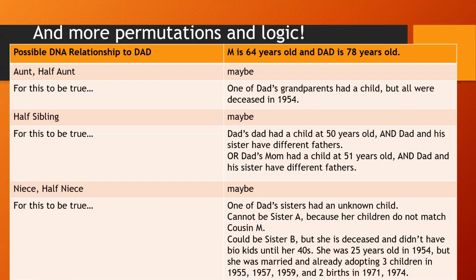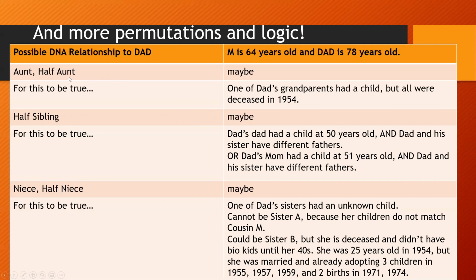So I'm piecing together their family trees. I'm looking at all of those matches who are on the shared match list and how they fit in with each other. And we'll talk a little bit more about that on the next slide, but I want to go through this for a second. So aunt or half aunt, let's look at the top one up here.